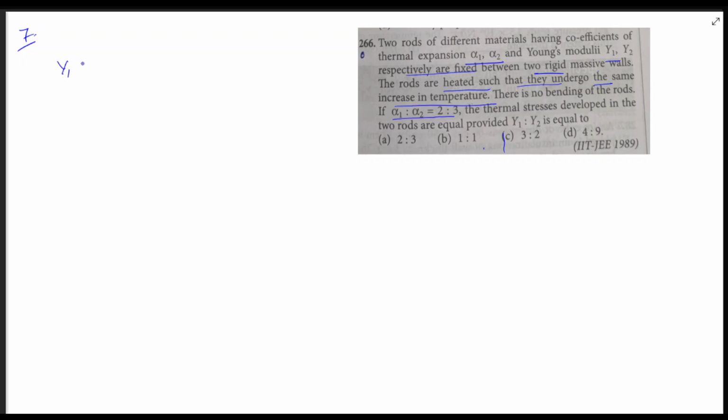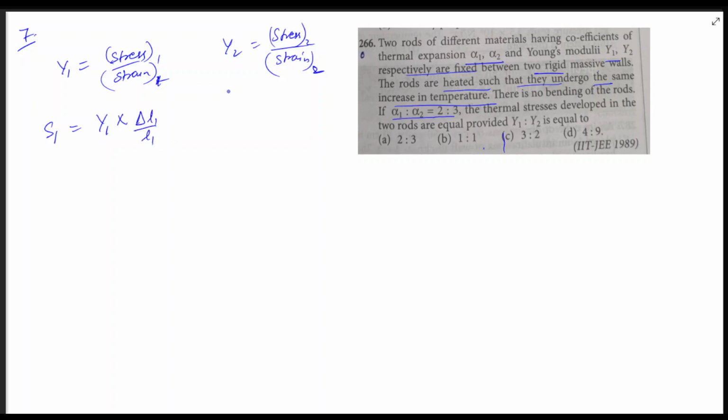So for the first, we'll write gamma 1 equal to stress upon strain, right? And for gamma 2 we'll write stress 2 and strain 2. So simply now, stress 1 will be equal to gamma 1 into strain 1, so delta L1 by L1.